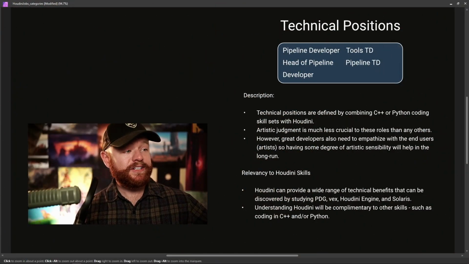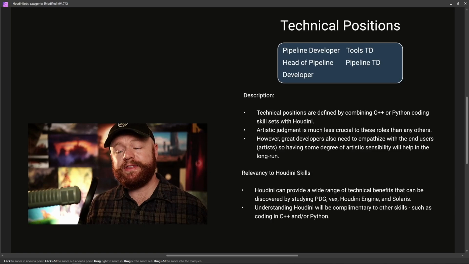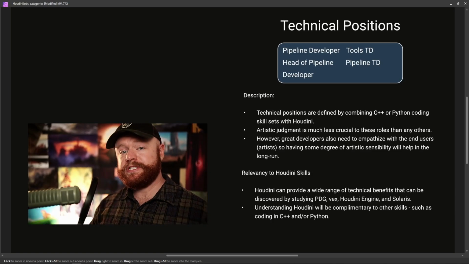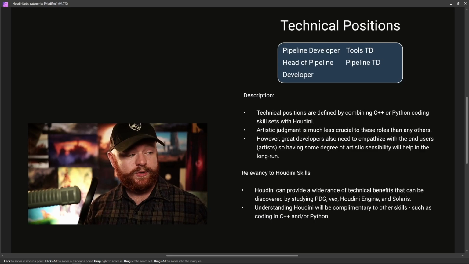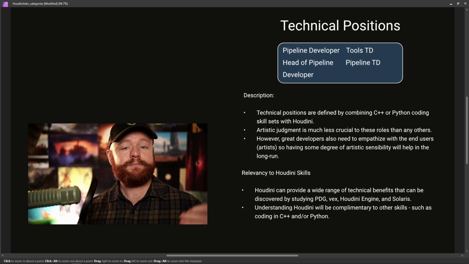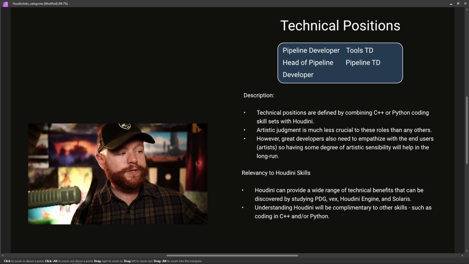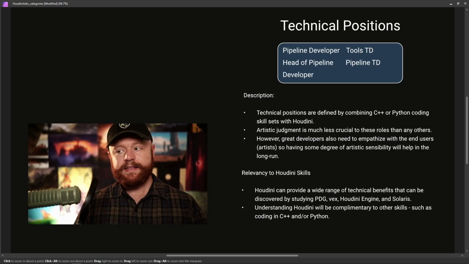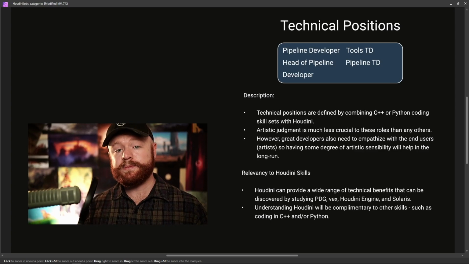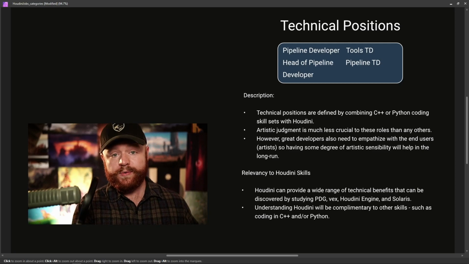Next up, we have technical positions. So I would argue that there's very little artistic requirements for these specific positions. That's going to be your pipeline dev, head of pipeline, developer, tools TD, pipeline TD. These are all the terms you want to search for. And the idea here is that you're going to be combining your coding experience with C++ or Python with Houdini.